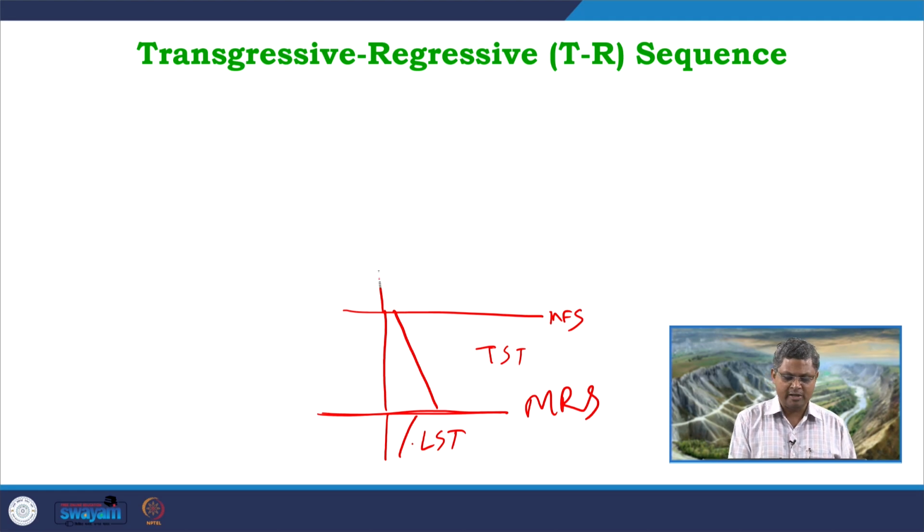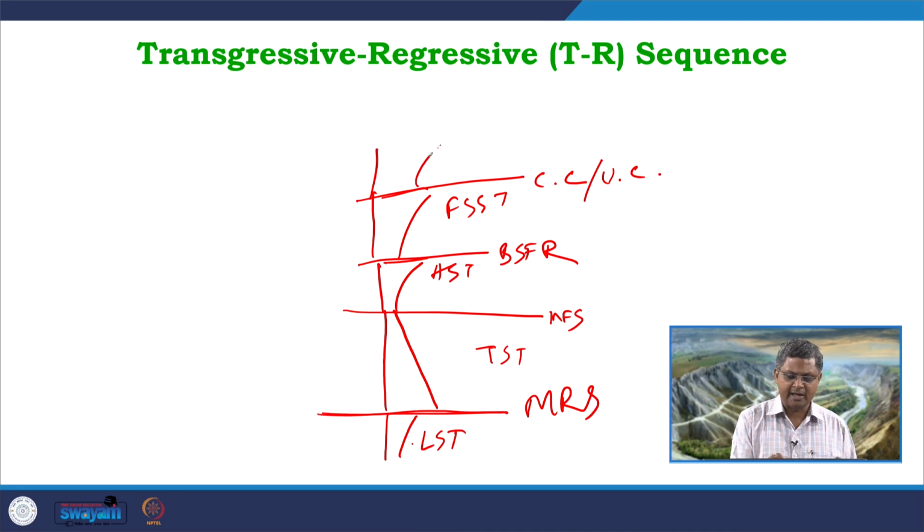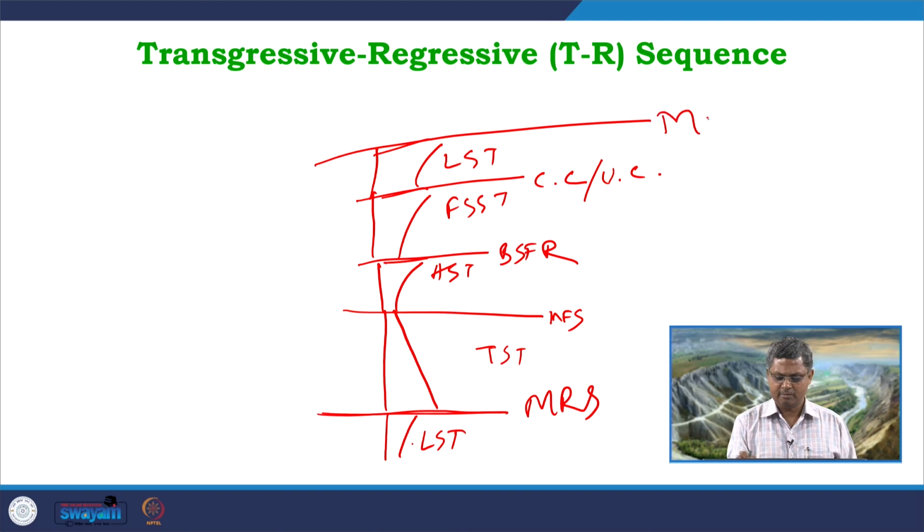On this TST we will get the HST package, which will be marked by BSFR, basal surface of forced regression. Followed by that we will have the FSST package, which will be marked by the correlative conformity or the unconformity, and on this we will get the LST package again, which will be marked by the next maximum regressive surface.